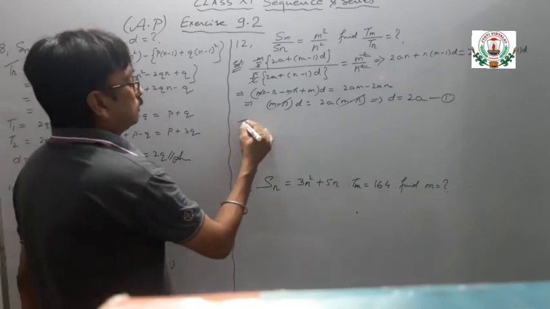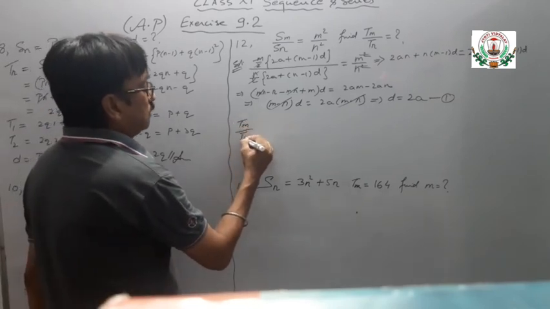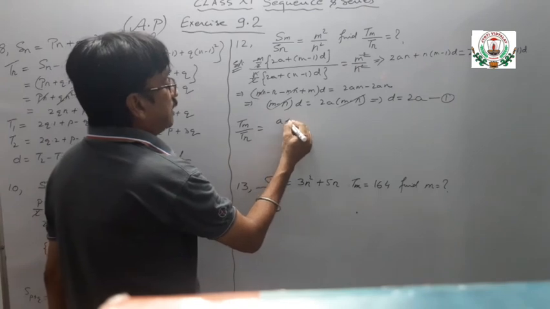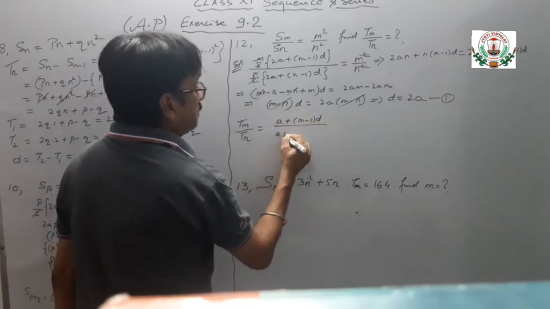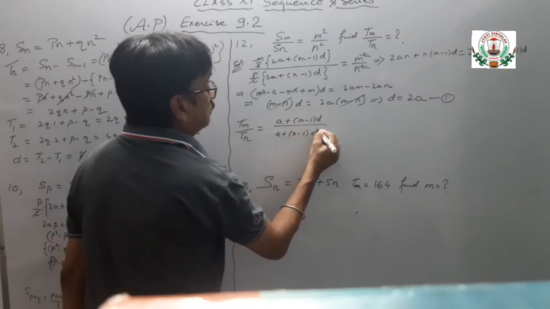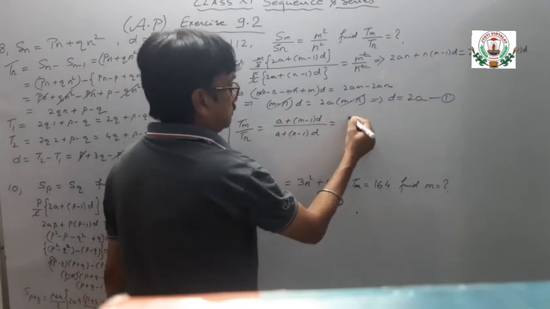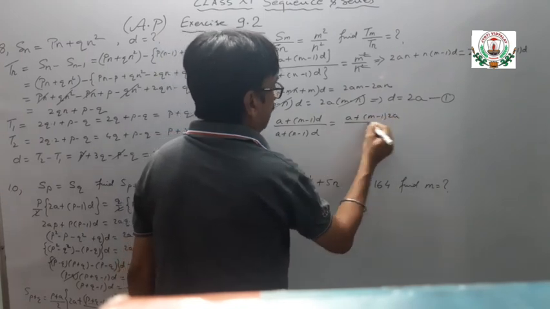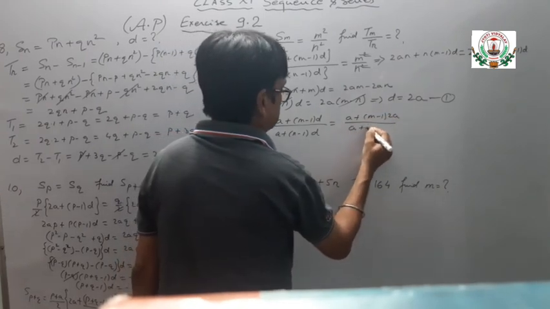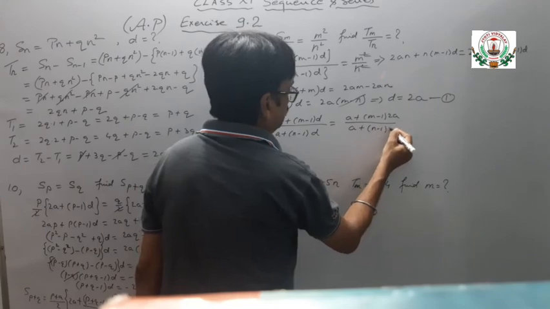I got it. The common difference is twice of the first term. Now I have to calculate the ratio of the mth and nth terms. So (a plus (m minus 1) d) upon (a plus (n minus 1) d). Here the value of d is 2a, substituted: (m minus 1) into 2a upon a plus (n minus 1) into 2a.